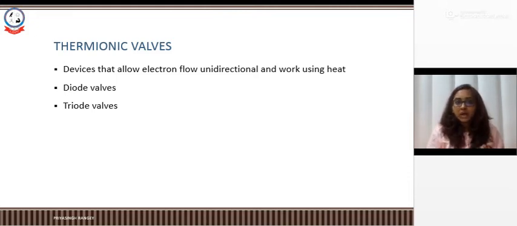As we all know, in any particular electrical circuit, electric current can flow from any direction to any direction. Like say if I say that my right hand is the positive side of the circuit and my left hand is the negative side of the circuit, then the charge is going to flow from the negative side, which is from the left side, to the right side, which is in the clockwise direction, whereas the current is going to flow from the positive side to the negative side, which is in the anti-clockwise direction.